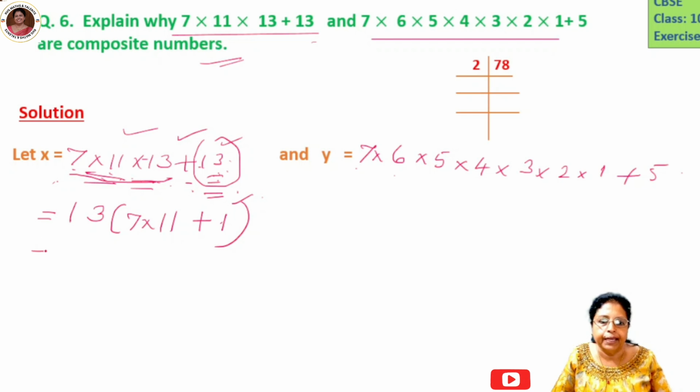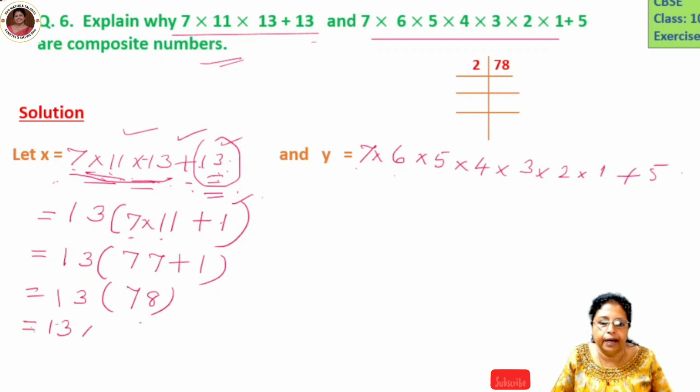Then 13 times, see what is in the bracket? 7 times 11, that you can write as 77, plus 1. That means it is 13 times 78.